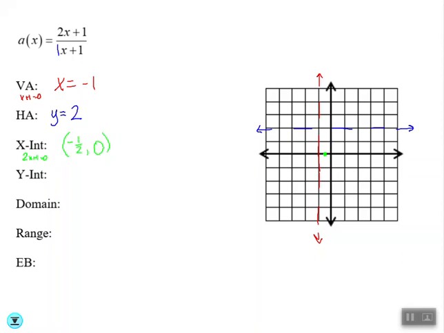For the y-intercept, we want to plug in 0 for x. And then just simplify, which gives us 1. So 0, 1 is our y-intercept.